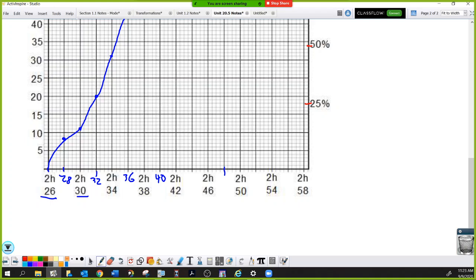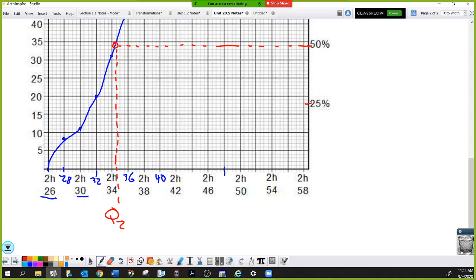So if we wanted to estimate, we just track that 50 all the way over to, it's right around there. And then you would bring it down. Let's try again. There we go. So there's your median. This is your Q2.